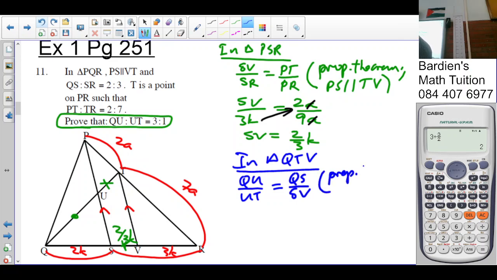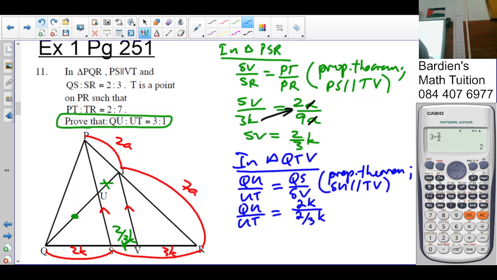The proportionality theorem, with US being parallel to TV. So QU over UT is equal to QS, which is 2K, over SV, 2 over 3K.